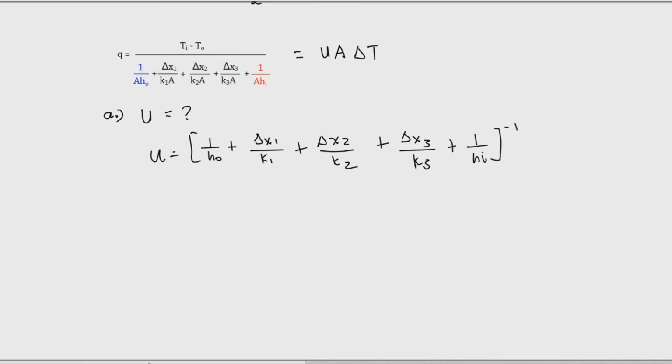Now let us try to substitute all the values that we have here. So U, or the overall heat transfer coefficient, is equal to 1 over 7, the outside being 7 British thermal unit.